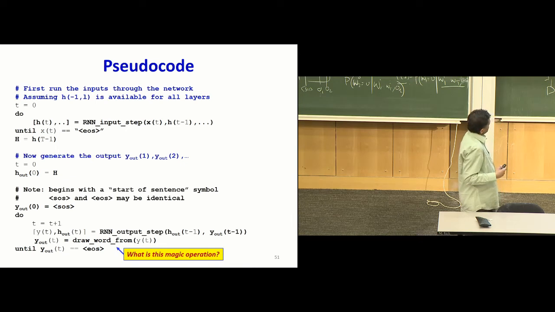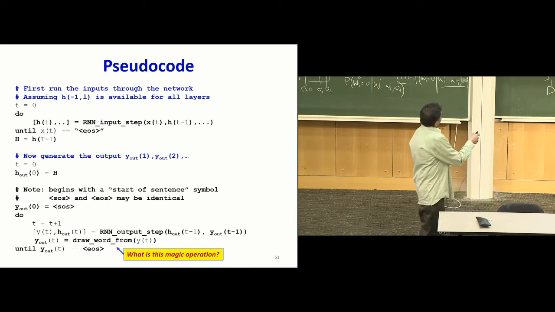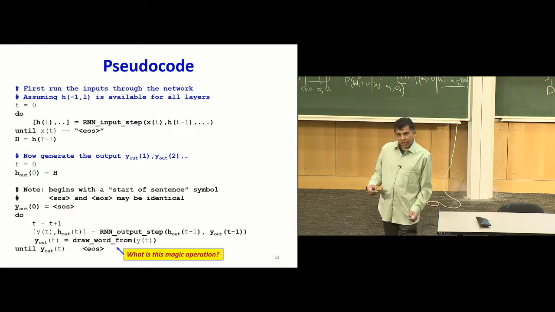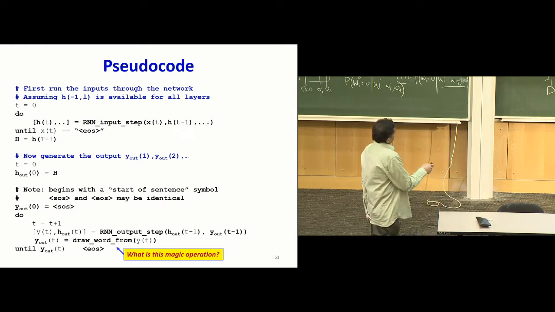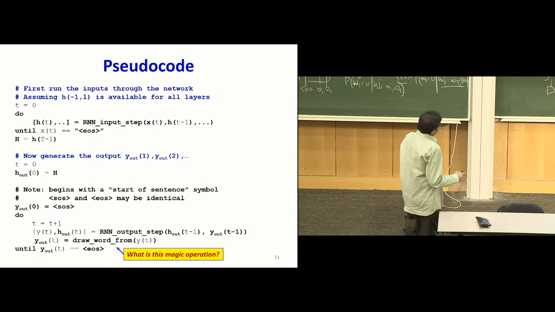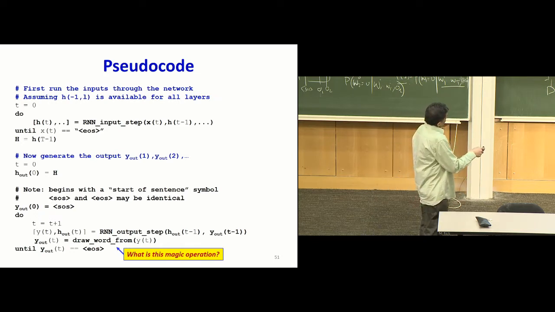If I were to write this as pseudocode, we've actually seen this before. Once we compute the hidden representation from the input, at each time you're going to be feeding the previous hidden state and the last word drawn to the recurrent network, and it produces a probability distribution over words. And to compute the next word, you are drawing a word from this probability distribution.